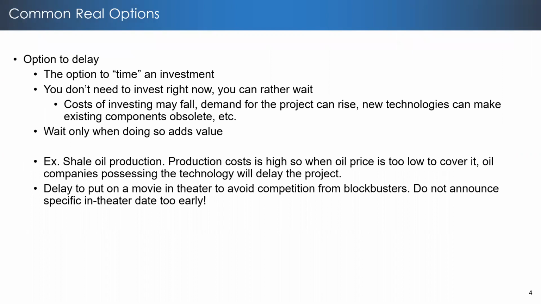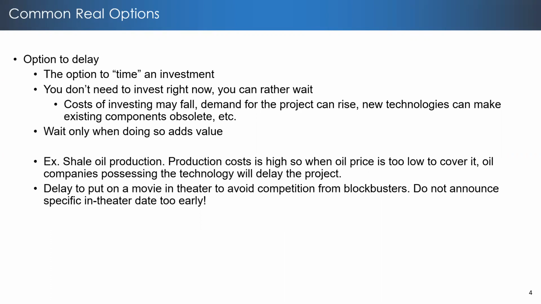Okay, so here are some examples. There's this option to delay. For a certain project, you can pause it without having to spend a lot of money. For example, there's shale oil production. The production cost is very high for shale oils, so when the oil price is very low, it's not worthwhile to engage in shale oil production.